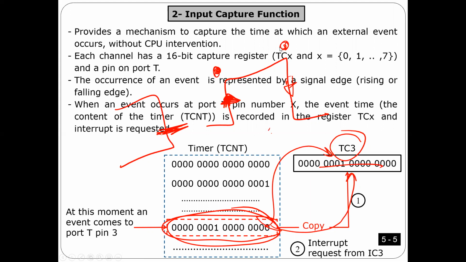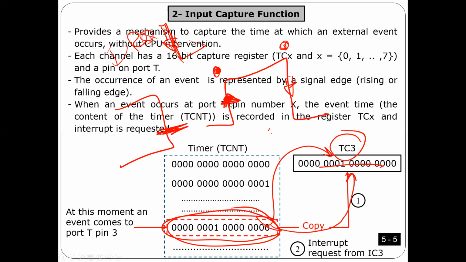Summary: the input capture works this way. Every time there is a rising or falling edge, which you can program, you can capture only rising, only falling, or both rising and falling. This is somewhat different from IRQ, where I only had the chance to capture only rising or only falling.